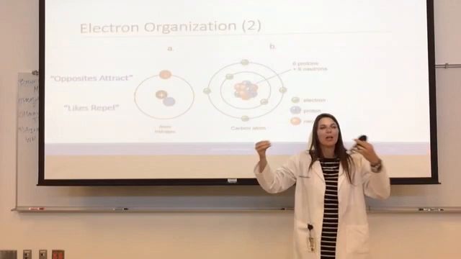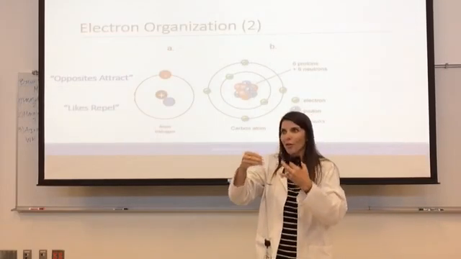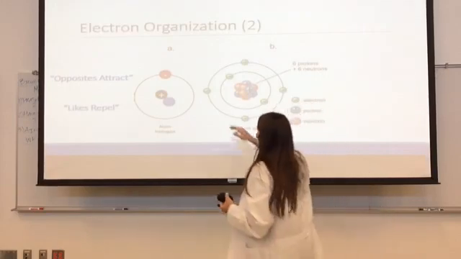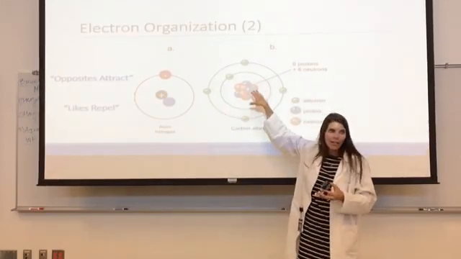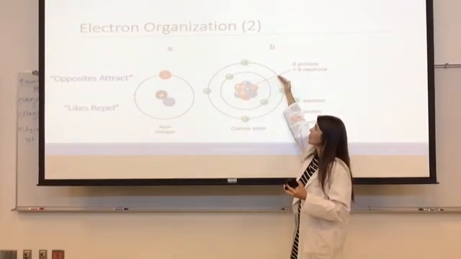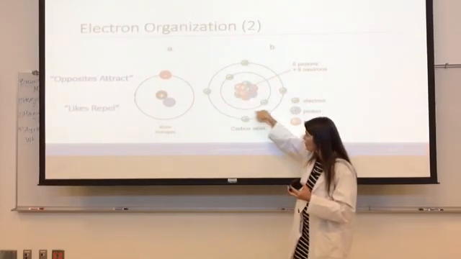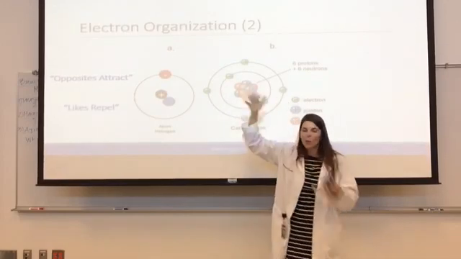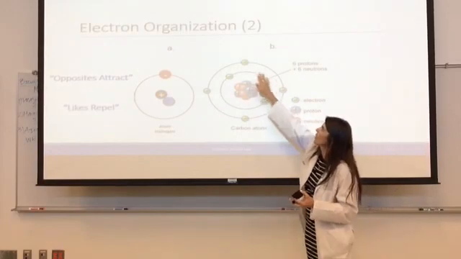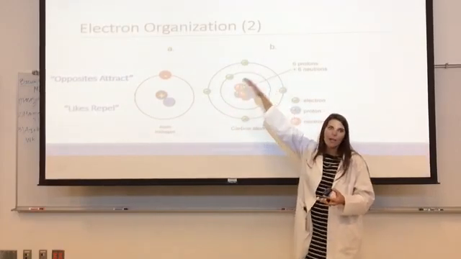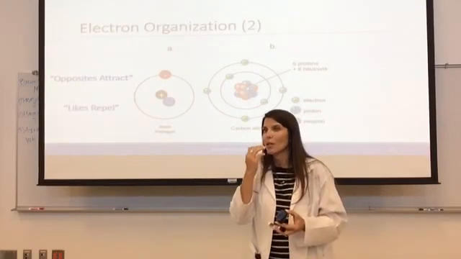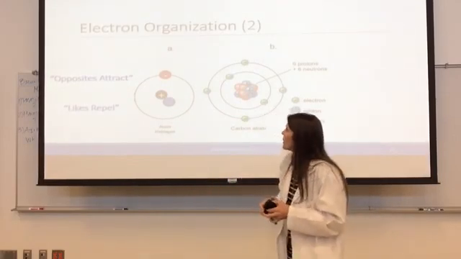Like charges repel. Like when you put two negative magnets together, they push themselves apart. So these electrons truly do try to get as far away from each other as they can within their orbit. Within that energy shell, these electrons are spacing themselves out as far as they can. We have this same issue here. These are evenly spaced from each other, pushing each other away as far as they possibly can.